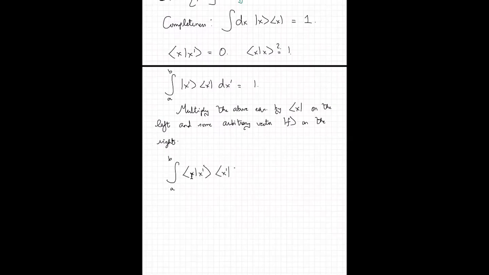And this is <x'|f> dx'. And this is equal to <x|f>. Now this quantity <x|f> is easy enough to understand. This is basically the projection of the vector f along the direction x. So this simply gives me the value of the function at the point x, right?